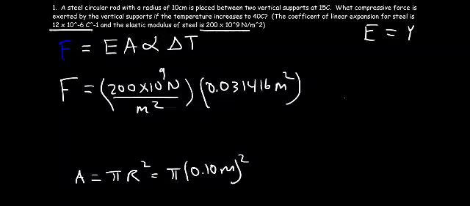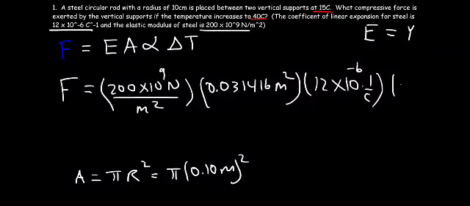And then alpha, the coefficient of linear expansion, is 12 times 10 to the minus 6 times 1 over Celsius, or Celsius to the minus 1. And then the change in temperature, which is the difference between the final temperature and the initial temperature, so that's 40 minus 15. So that's a change of positive 25 degrees Celsius.